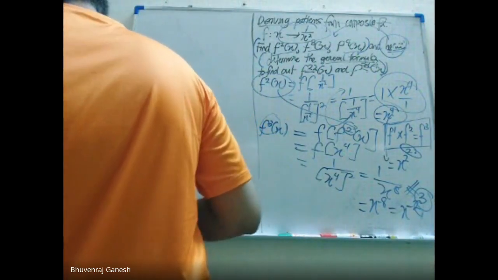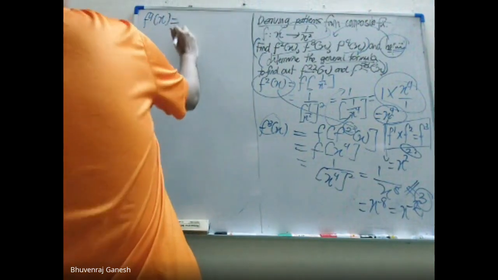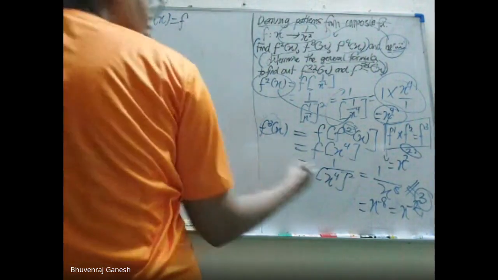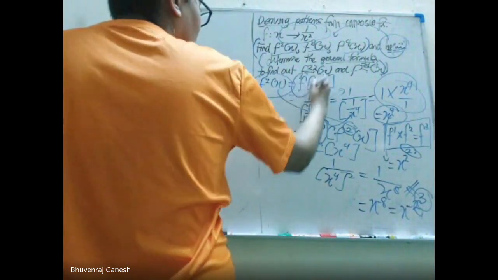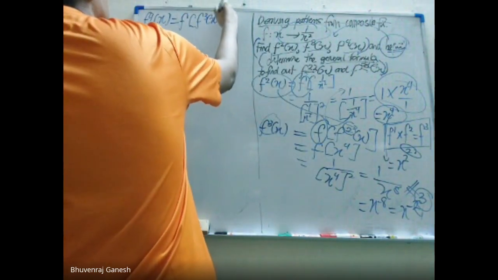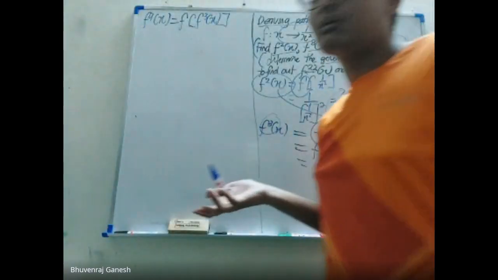So they ask you to find f power 4 x. How are you going to do that? You can do f squared x, or a simpler option, you just maintain the f function with power 1 in front, so that is easier, and then you bracket f cube x, because f cube times f power 1, you get f power 4.